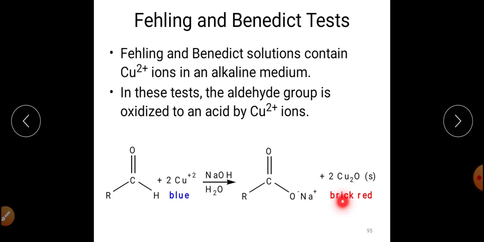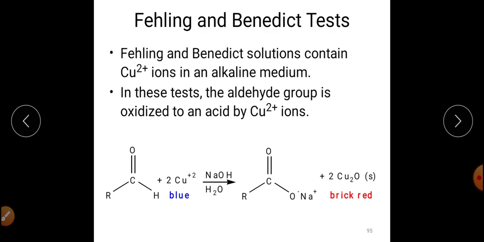The formation of this red precipitate in the test tube is an indication that the unknown organic compound contains an aldehyde group. So this is a very beautiful test.